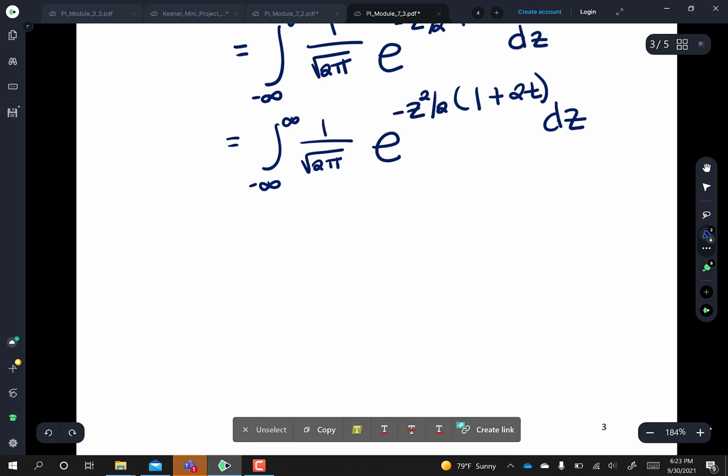All right, so to see this, let's look at a normal density function.